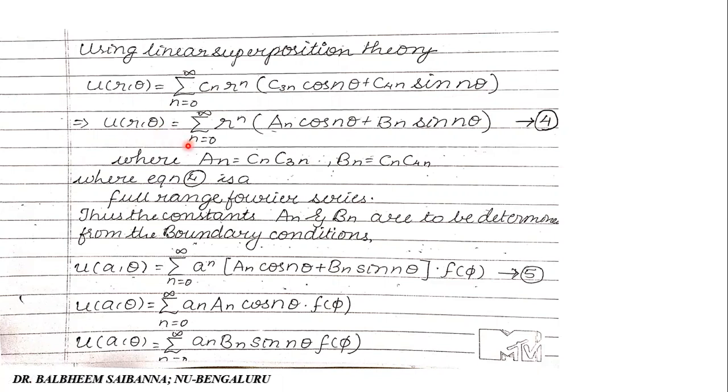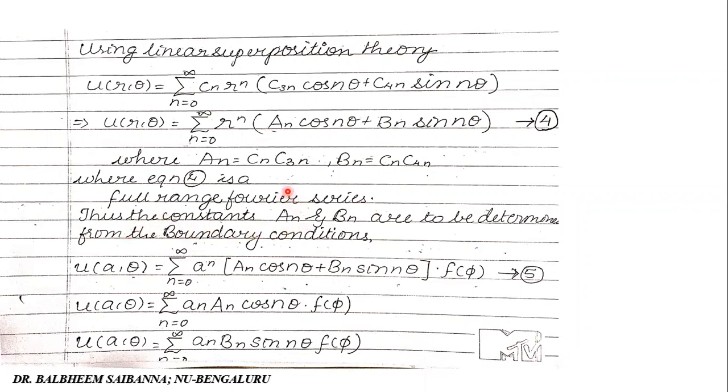We multiply the constant Cn, C3n we write as an, Cn, C4n we write as bn. This equation 4 is a full range Fourier series. This is the required solution of the given elliptic equation, that is the Laplace equation.